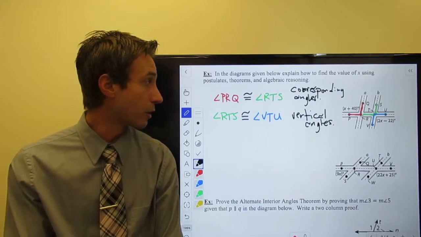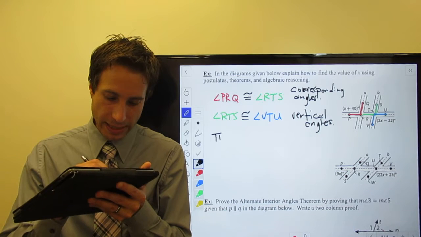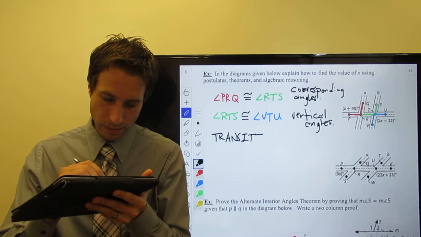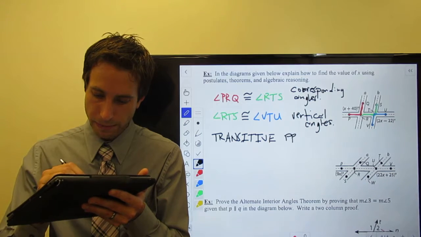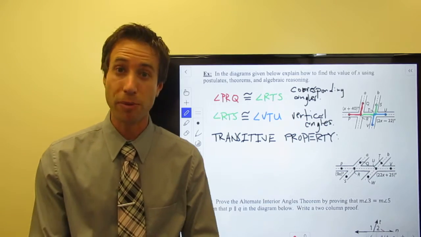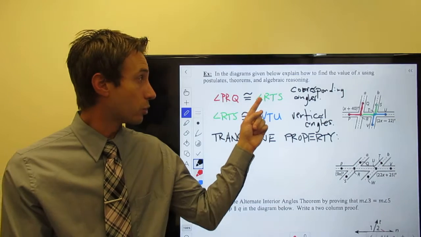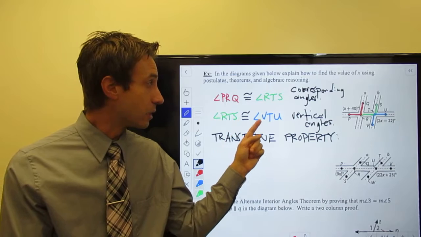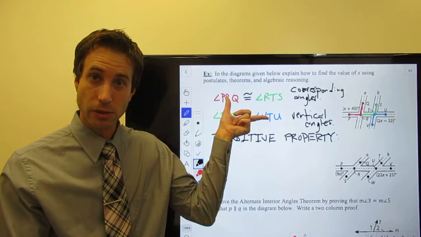So thanks to vertical angles, check this out. You should remember from algebra the transitive property. Here's what the transitive property says: if PRQ is equal to RTS and RTS is equal to VTU, what do I know about these two angles?